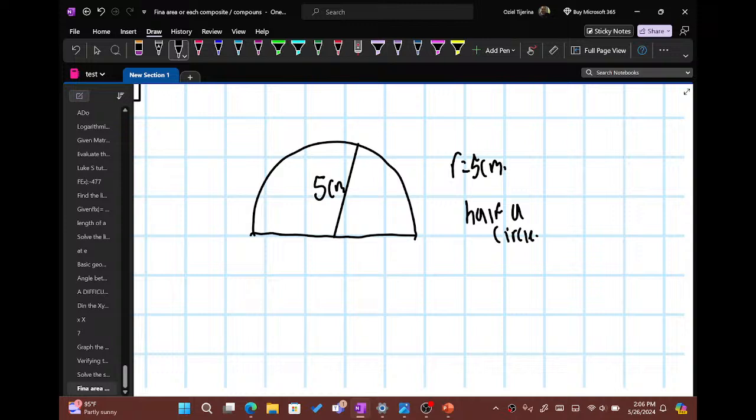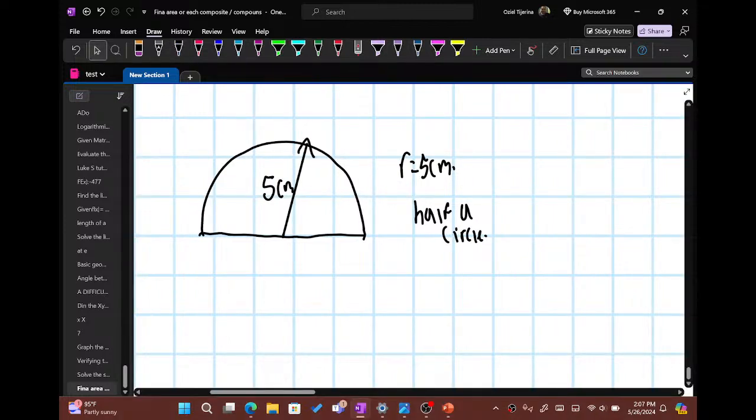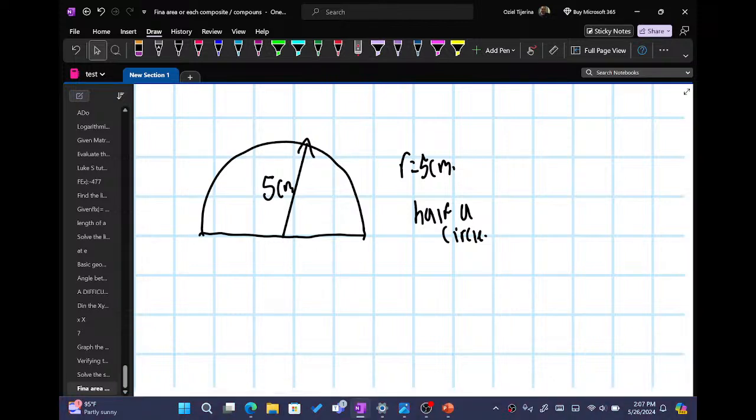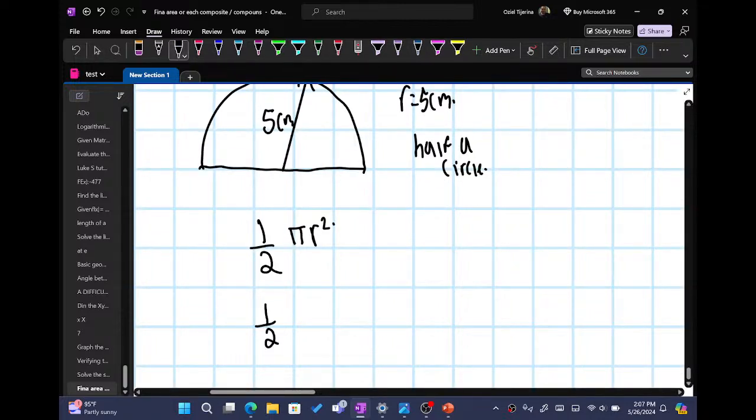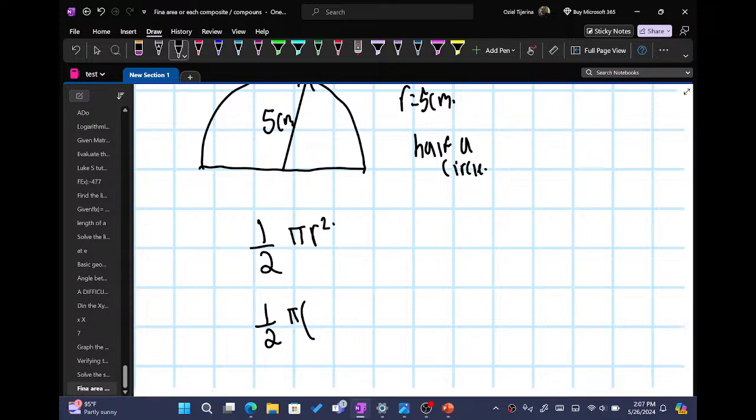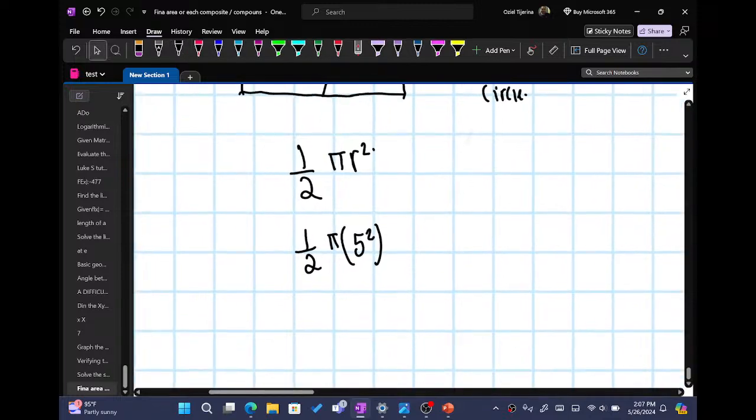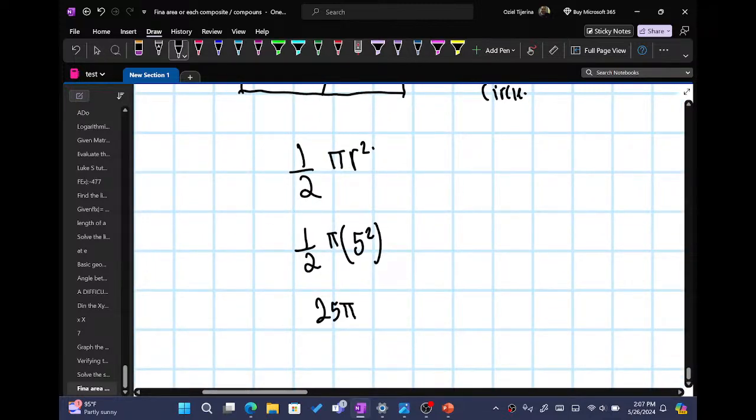So what this is going to be is 1/2 pi r squared. So it's going to go 1/2 pi times 5 squared, which again would be 25 pi over 2.